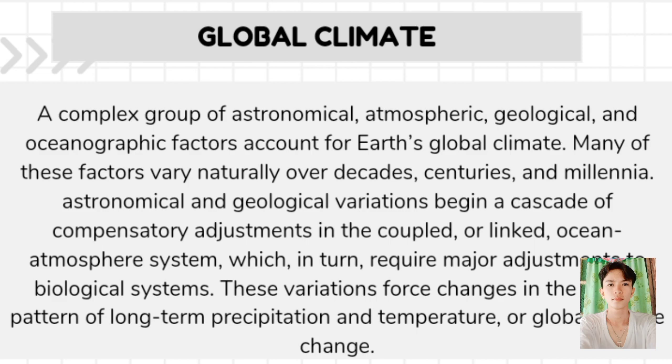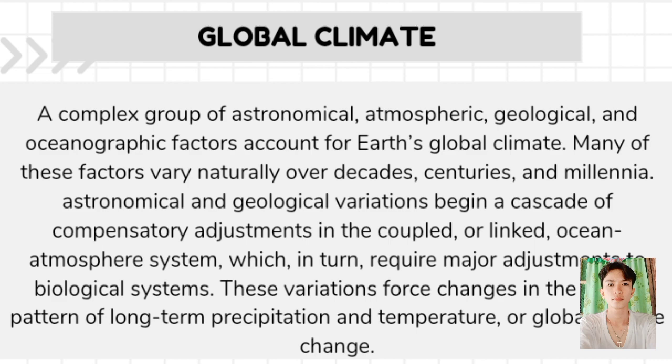So the global climate is a complex group of astronomical, atmospheric, geological, and oceanographic factors that account for Earth's climate. Many of the factors vary naturally over decades, centuries, and millennia.